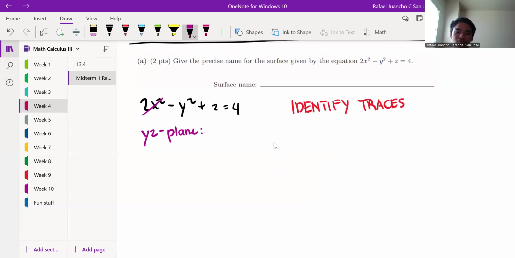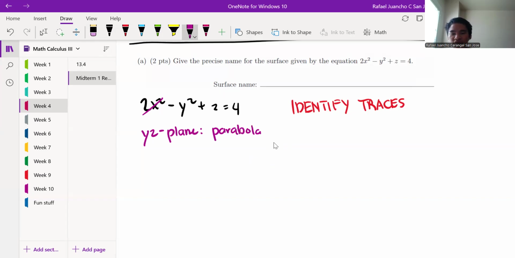Well, if we look at it carefully, we have negative y squared plus z equals 4. We can actually see this is a parabola because of the y squared. So this is a parabola, right?